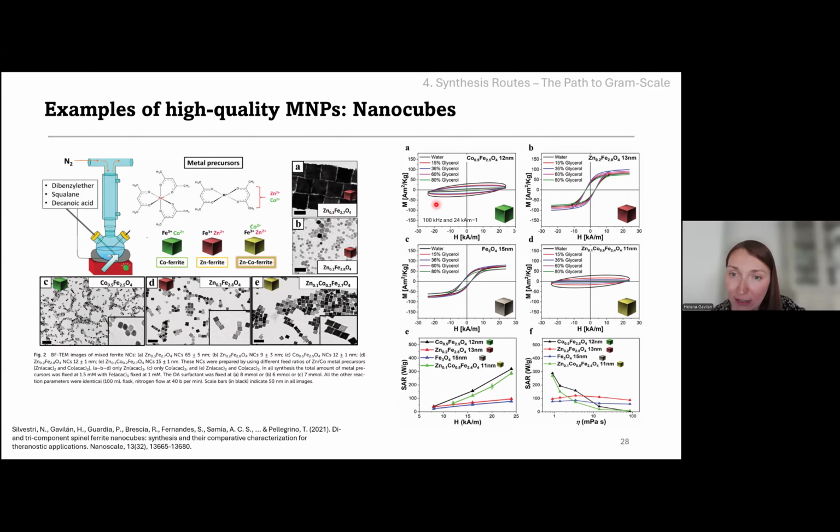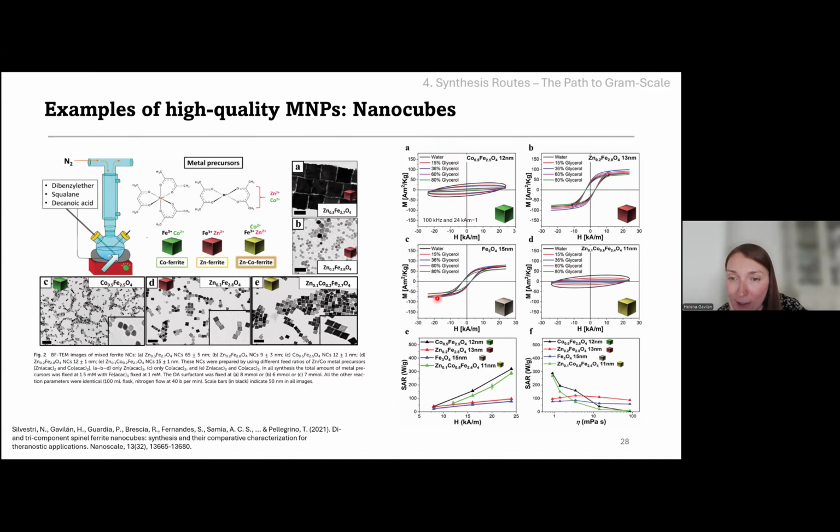Then we studied the heating and registered the hysteresis loop under hyperthermia conditions, alternating magnetic fields of 100 kilohertz and 24 kiloamps per meter, under increasing percentage of glycerol. Glycerol is highly viscous, and what we found is that cobalt ferrite nanoparticles close very rapidly when increasing the glycerol content, even initially, the loop, okay?